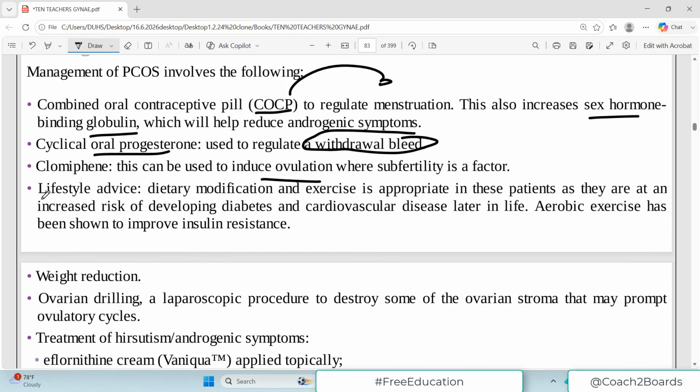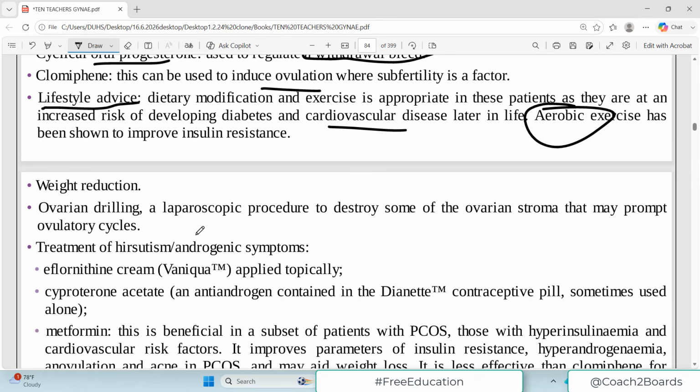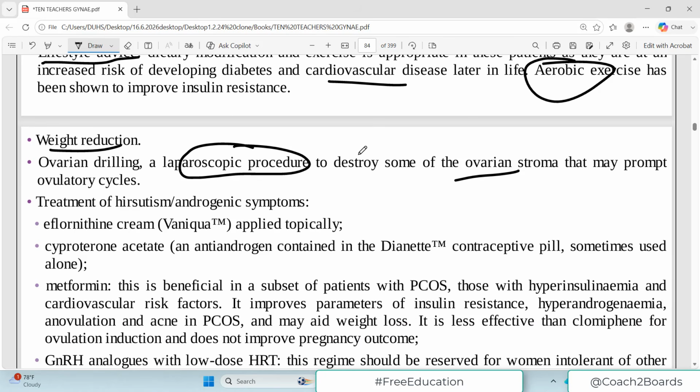And obviously lifestyle advice, some more exercise, dietary changes, taking care of the cardiovascular stuff, some aerobic exercises, weight reduction. Ovarian drilling is an invasive procedure, so it destroys some of the ovarian stroma so that the cysts are basically destroyed. Okay, so the anovulatory cycles turn into ovulatory cycles.